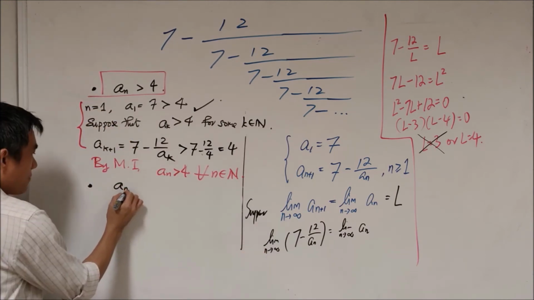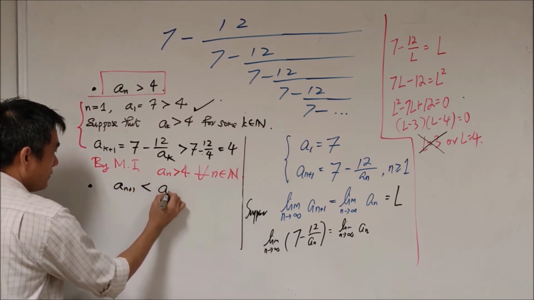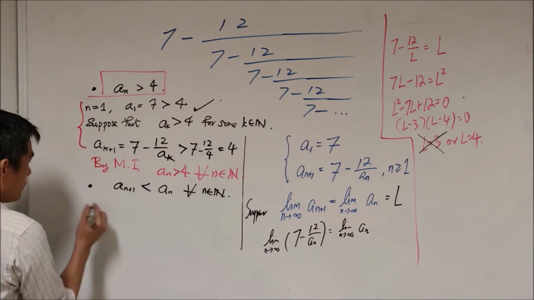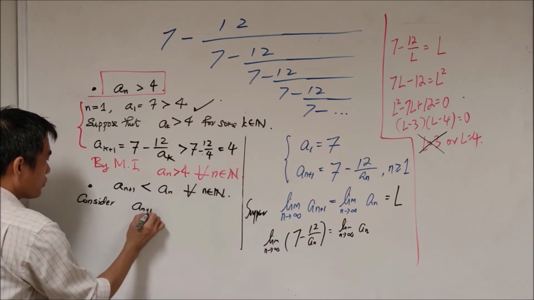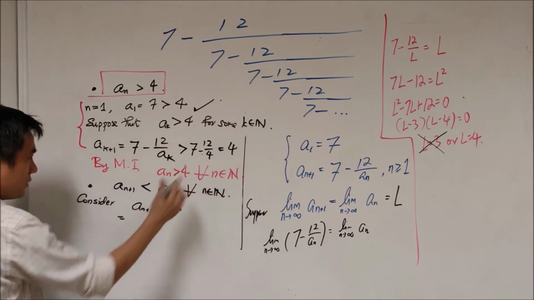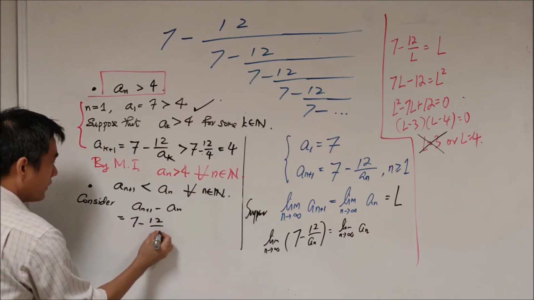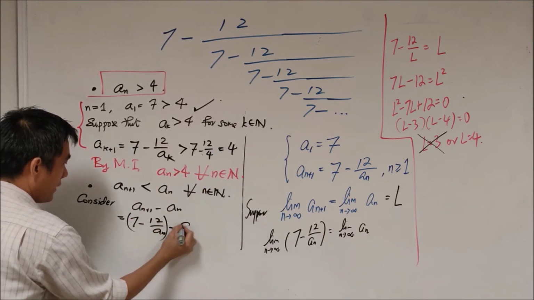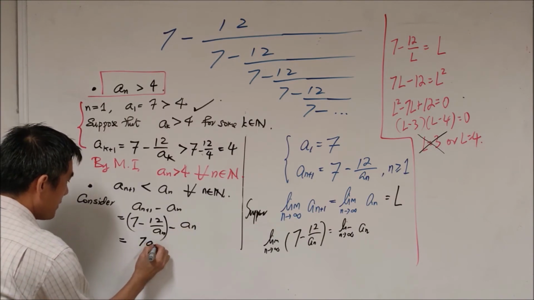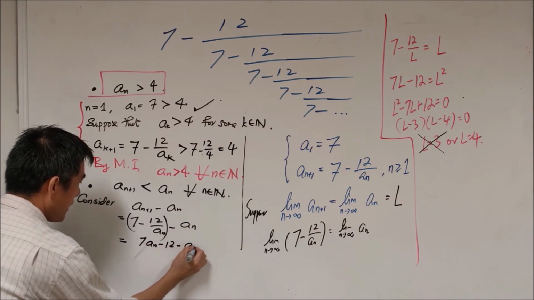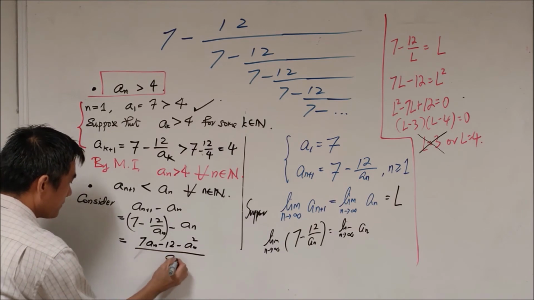Next, we have to show that An is always decreasing. That is, An plus 1 will be less than An for all integers n. So we will consider An plus 1 minus An. An plus 1 is 7 minus 12 over An, minus An. This is 7An minus 12 minus An squared, over An.